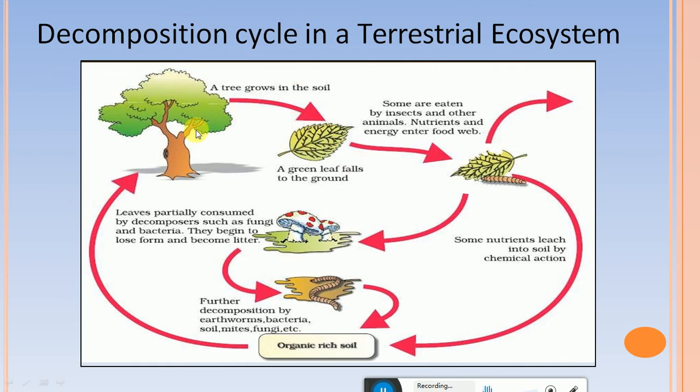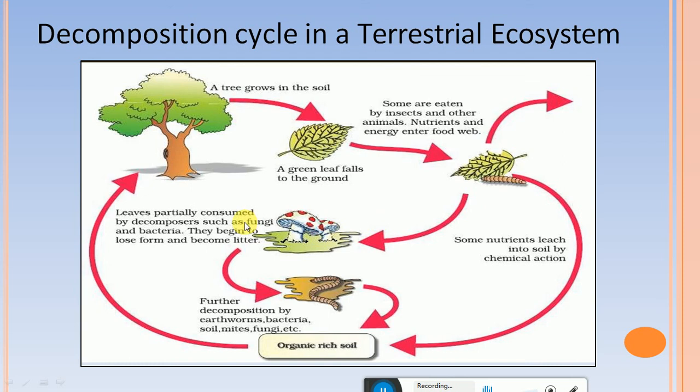Considering an example of a tree here, the tree grows in the soil. A green leaf may fall on the ground, and some may be eaten by insects and other animals, and the nutrients and energy will enter the food web. Some nutrients may also leach into the soil by chemical action, and the soil will become organically rich.